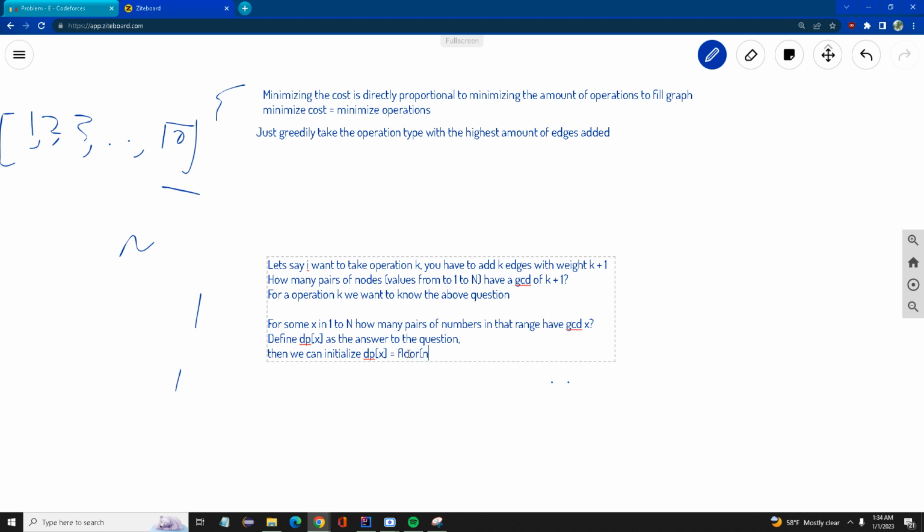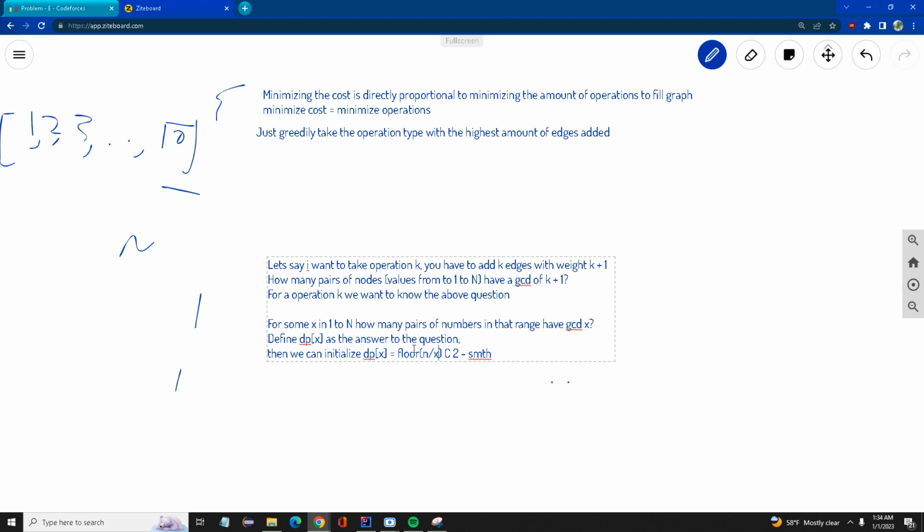dp of x can be equal to n over x choose two, minus something. So basically, what I'm doing is counting the amount of multiples. If we know that it has a GCD of x, well then we know that the two numbers involved are obviously multiples of x, right?